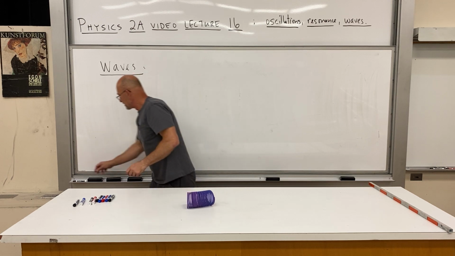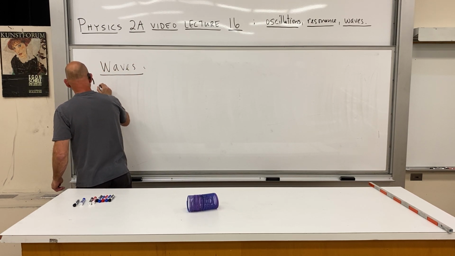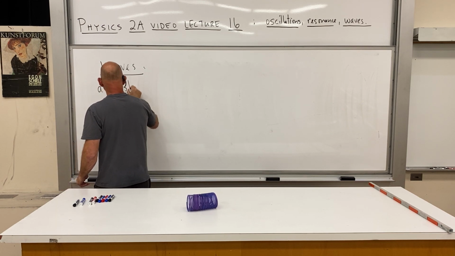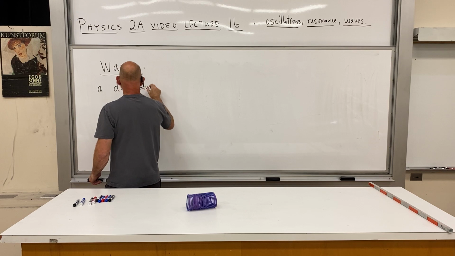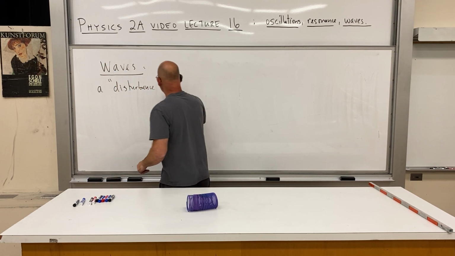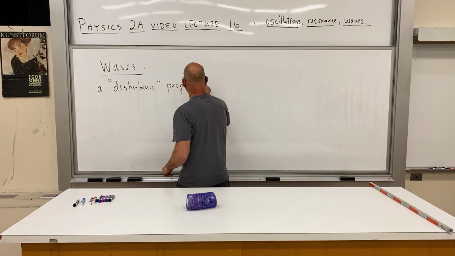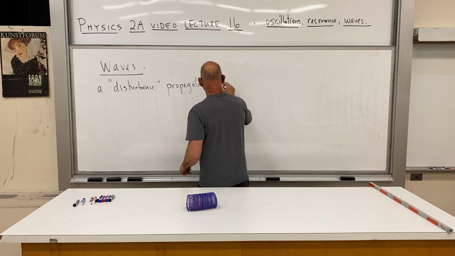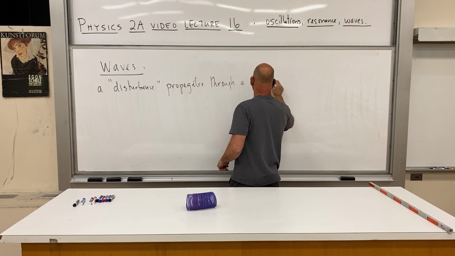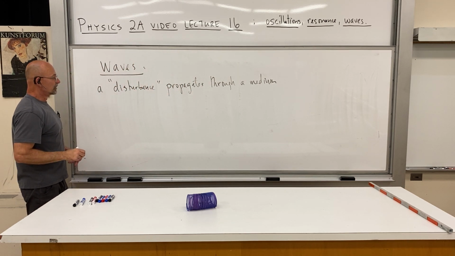So for the wave, we've got a disturbance, I'll put that in scare quotes for lack of a better word right now, that propagates through a medium, not transporting a bunch of mass, but it was clear to see.